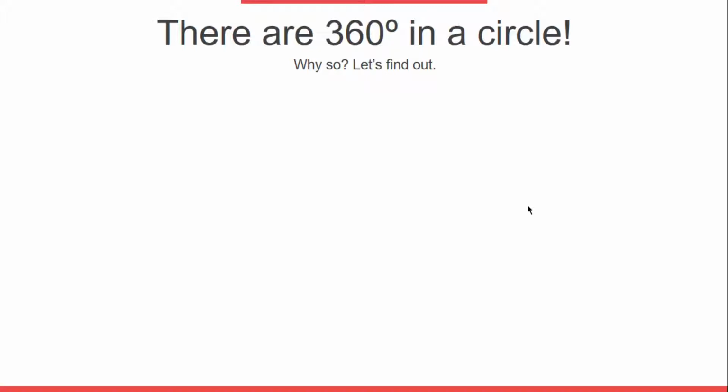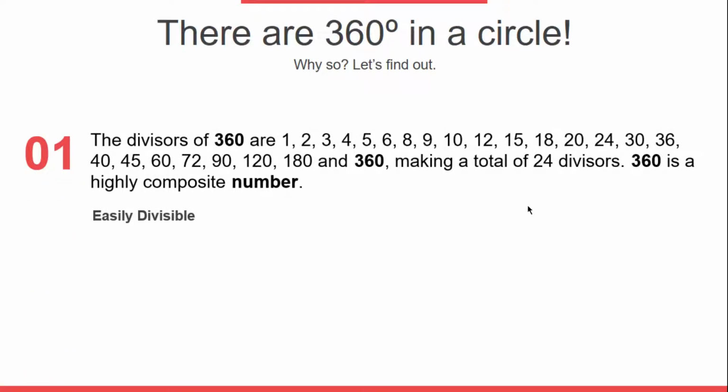So the first reason that we will be looking at is this. The divisors of 360 are 1, 2, 3, 4, 5, 6, 8 and so on. So in total there are 24 divisors for 360. So this makes it a very highly composite number.